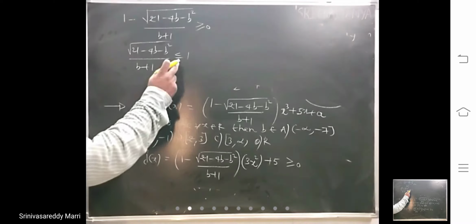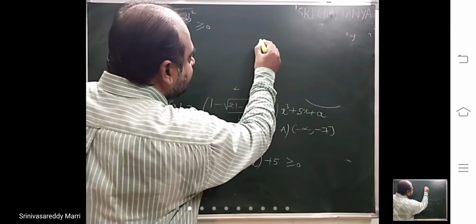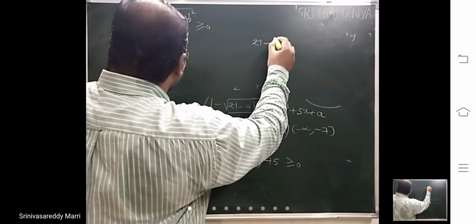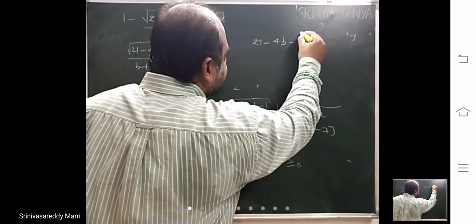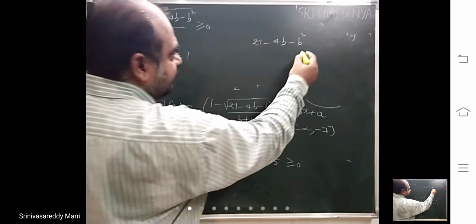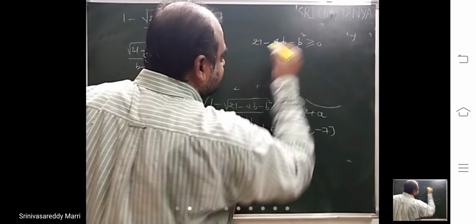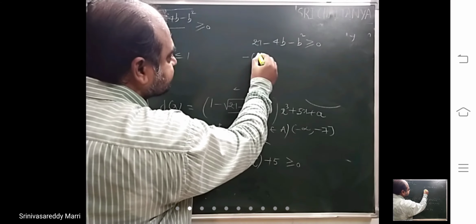Now look at. So actually this must be defined. This must be defined means what? 21 minus 4b minus b square, you have to calculate values of b such that this root is defined. Otherwise function will not be defined. First step is this must be greater than or equal to 0. Take minus common.